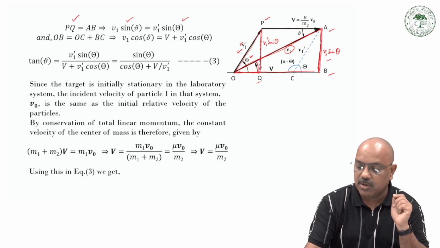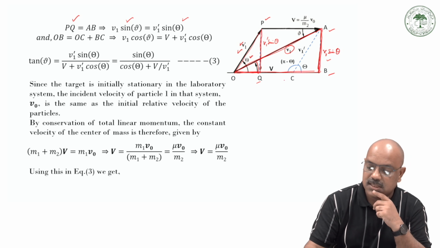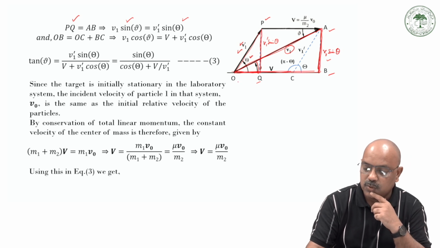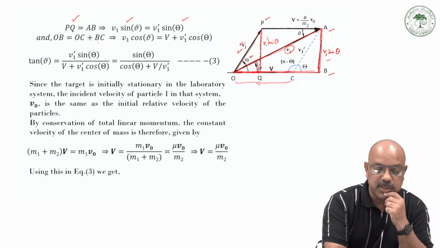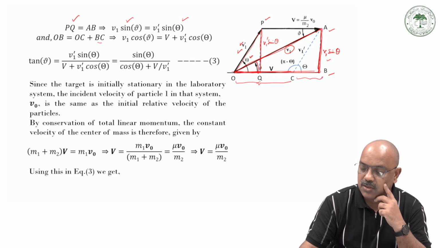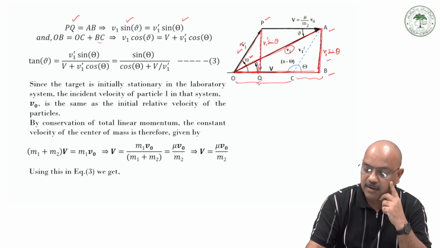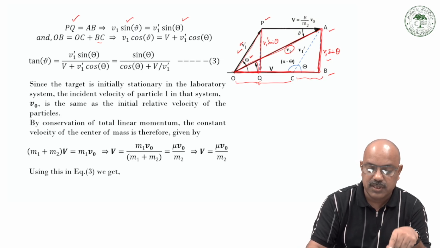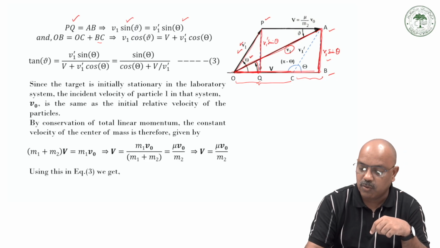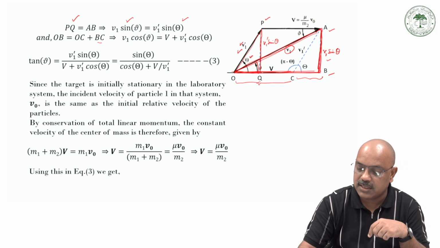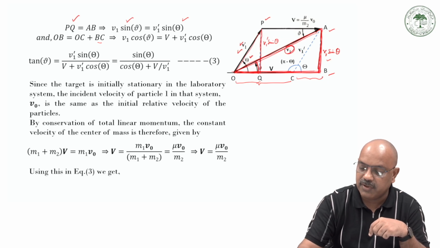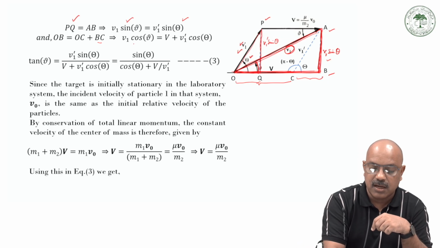Then talking about OB, which is the sum of OC and BC. This complete OB, if you concentrate on this angle theta, is V1 cos theta.